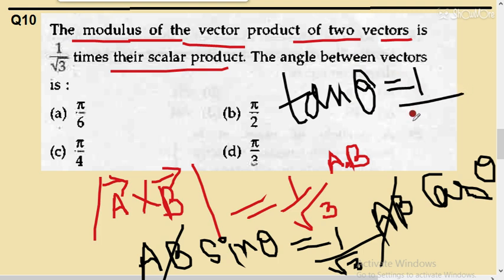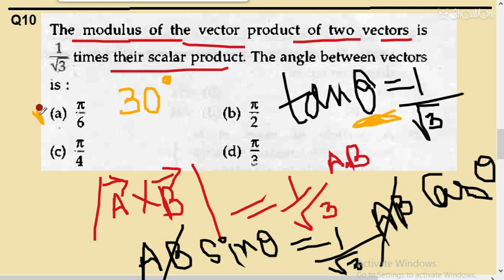Students, you can pause the video at the start of every question and try at your end. For which value of theta is tan theta equal to 1 by root 3? For the 30 degree angle, tan theta is equal to 1 by root 3. 30 degrees is equal to pi by 6.